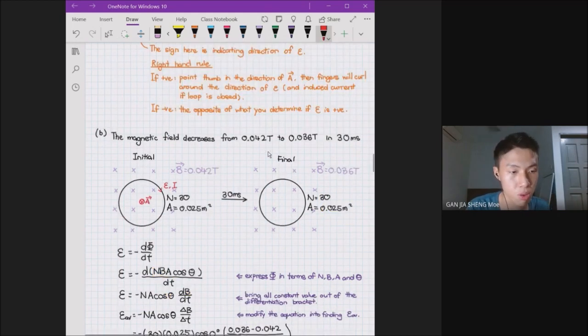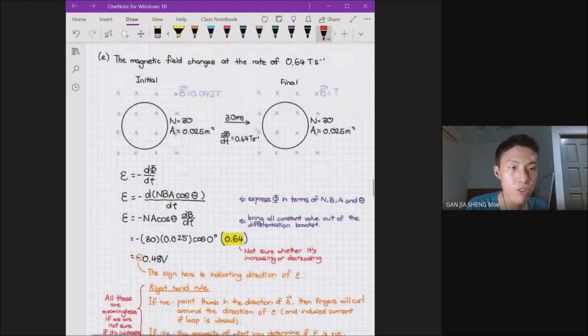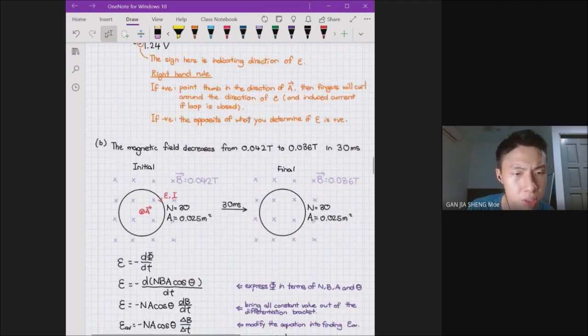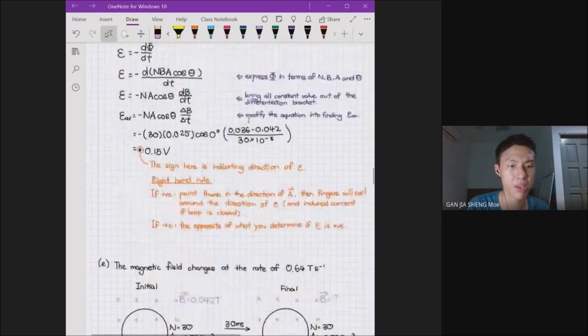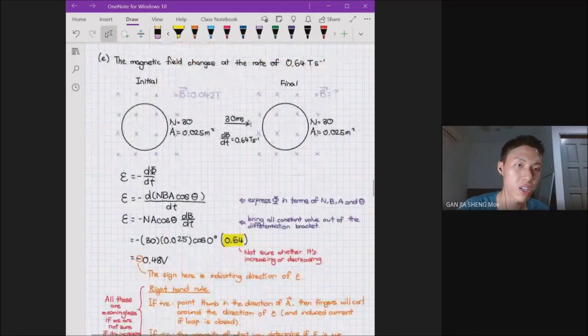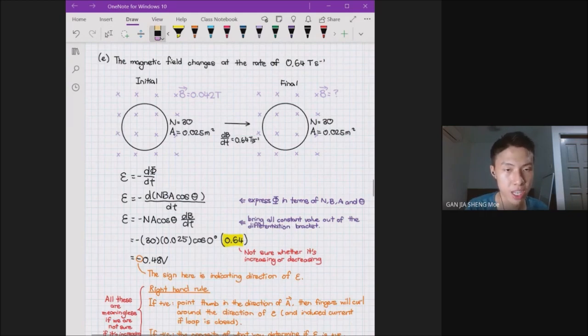Okay, so let's move on to question E. They say that the magnetic field changes at a rate of 0.64 Tesla per second. That means we don't know the final situation. We just know that in the process of these 30 milliseconds over here, do they even tell 30 milliseconds? No, they don't tell the time. So there's no time over here. I should remove it. They just tell you as time goes by, the magnetic field will change at this rate, 0.64 Tesla per second.